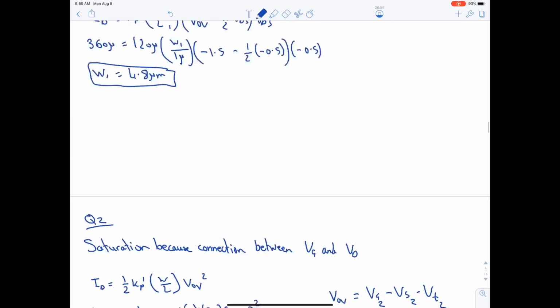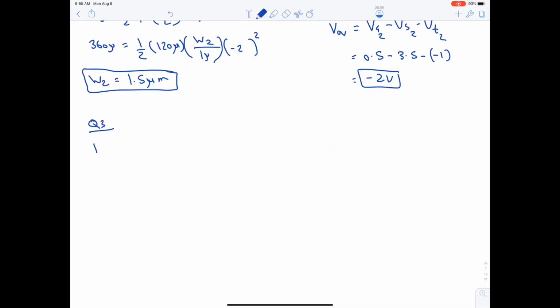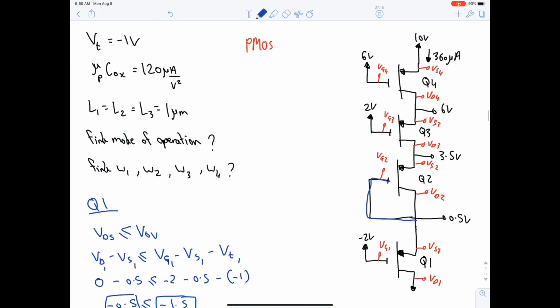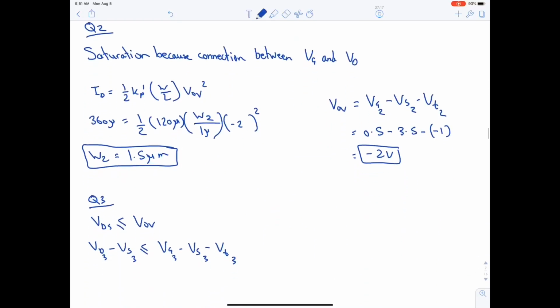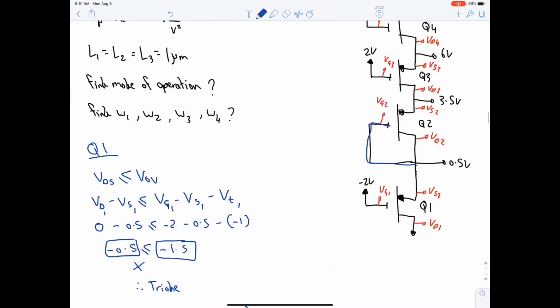Let's check the region. They are all PMOS, so it's VDS less than or equal to VOV. Is VD minus VS less than or equal to VG minus VS minus VT? VD3 is 3.5. VS3 is 6.